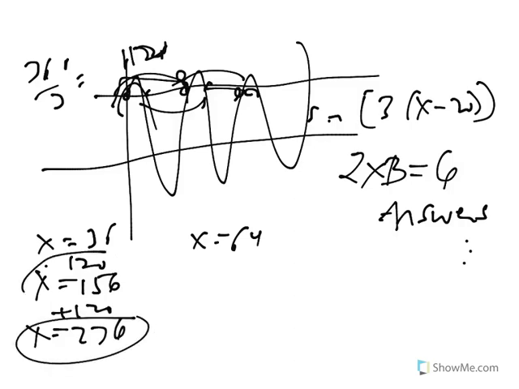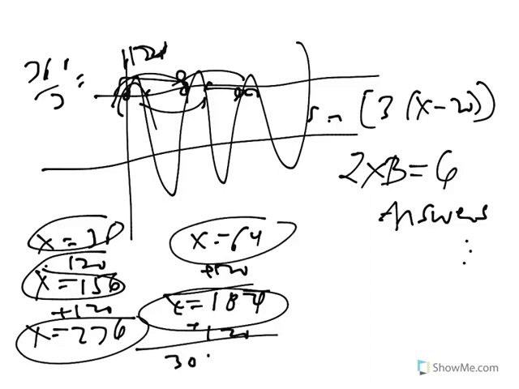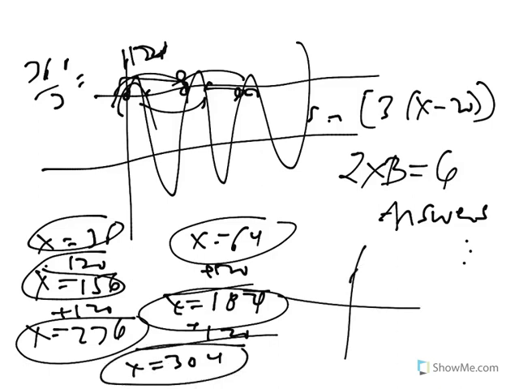Now I've got three answers between 0 and 360, and if I add 120 to 64, I get 184, which is also an answer, and if I add 120 to that, I get 304. So I actually get 6 answers to this question. That agrees with the idea that if I squeeze these into 360, I should get 6 answers.